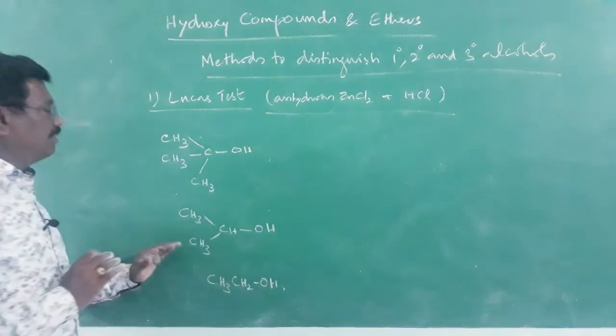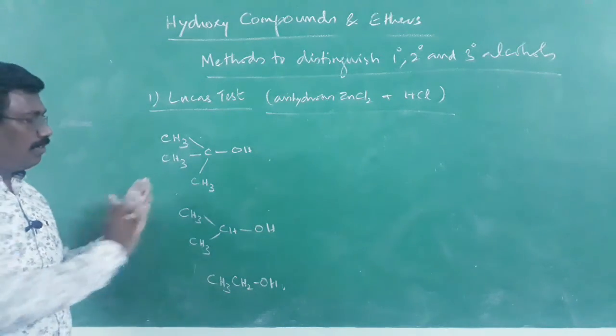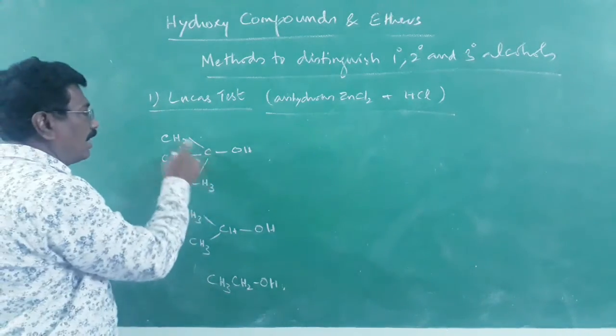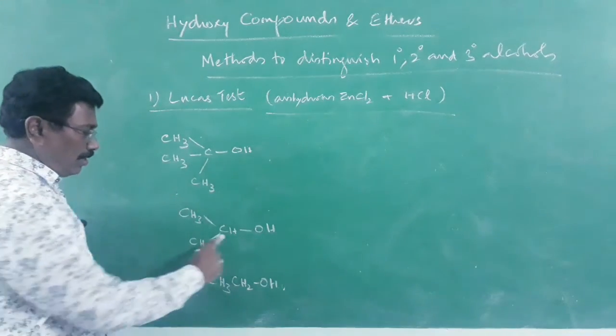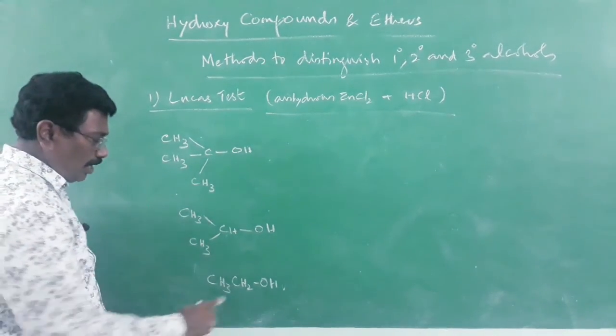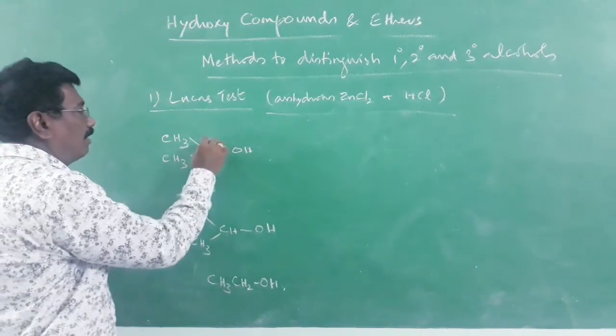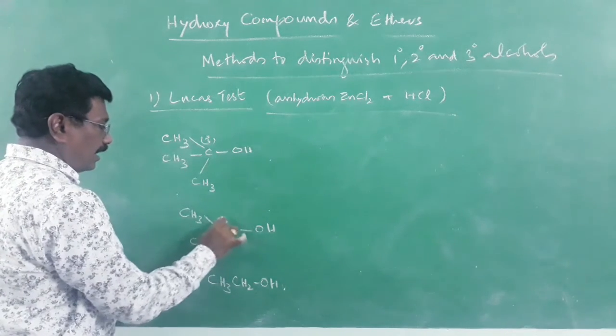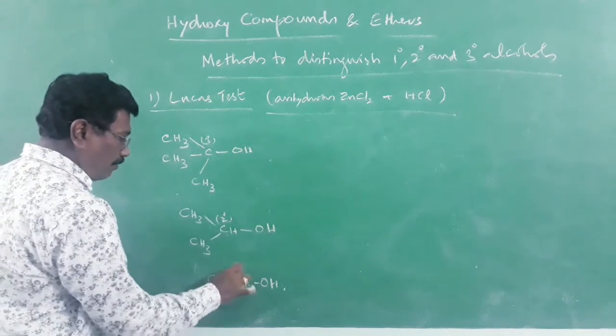Simple primary, simple secondary, simple tertiary. That's what we have chosen. It is tertiary. Why? Carbon having OH is directly bonded with 3 carbon atoms. Carbon having OH is directly bonded with 2. Carbon having OH is directly bonded with 1. Therefore, it is tertiary carbon, therefore tertiary alcohol. Secondary carbon, therefore secondary alcohol. Primary carbon, therefore primary alcohol.